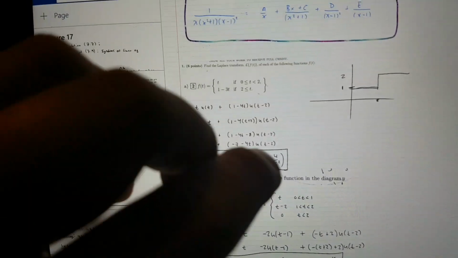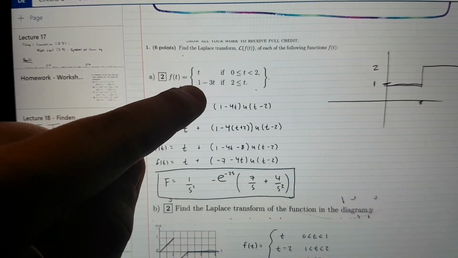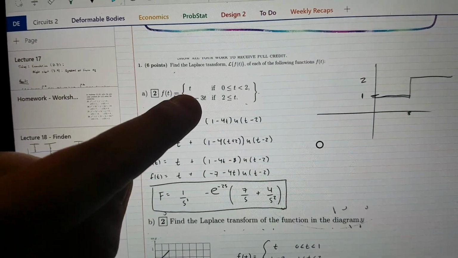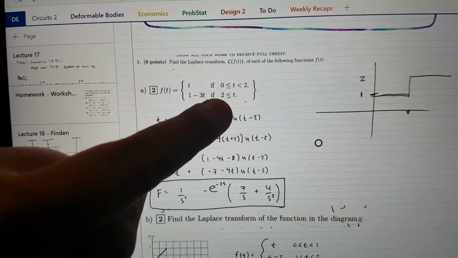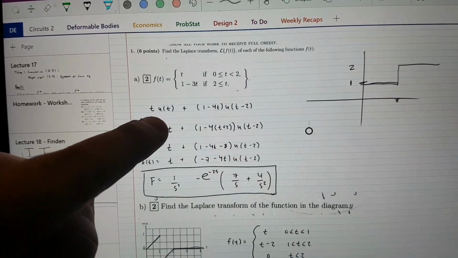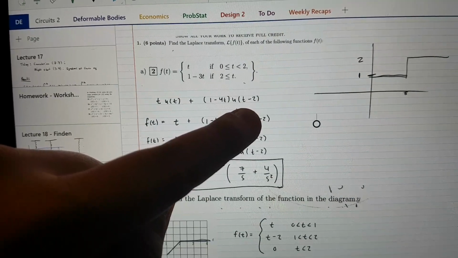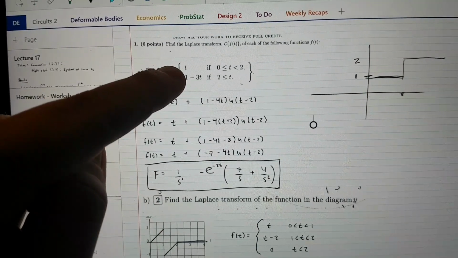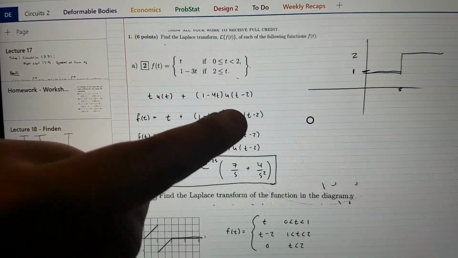So what I did before, remember I was like, okay, I've got this function is t from 0 to 2, and then it's 1 minus 3t at t greater than 2. So basically I've got t for the first bit, and then it turns on at t minus 2. And what do I have to do to this to make it this? Well, I have to subtract 4 t's and add 1, so I get that.